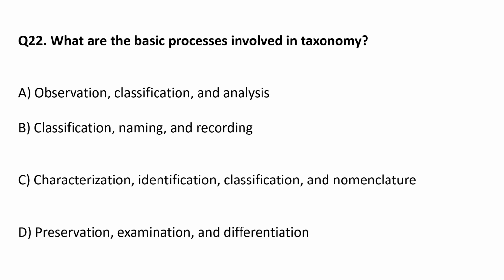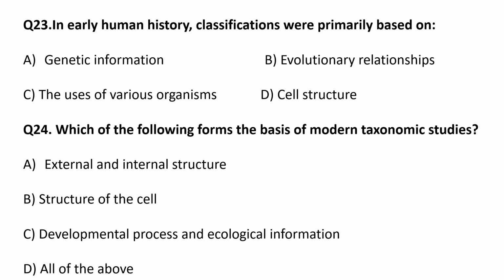What are the basic processes involved in taxonomy? It is characterization, identification, classification, and nomenclature. Option C is the correct answer. That is the basic process involved in taxonomy. In early human history, classifications were primarily based on the uses of various organisms.